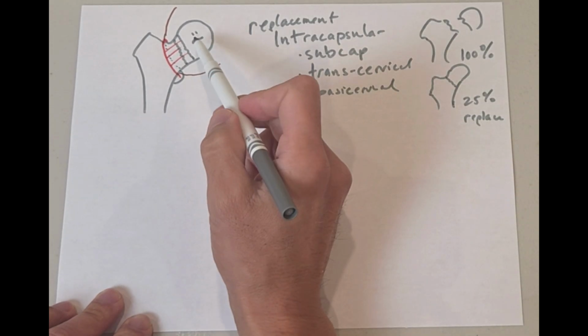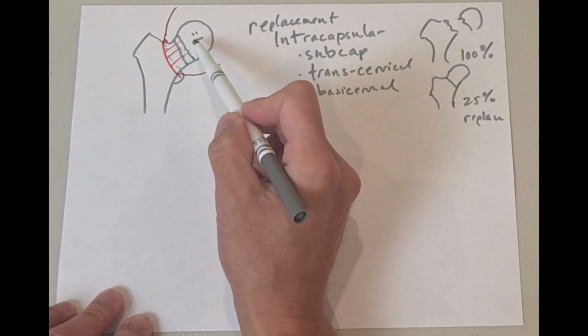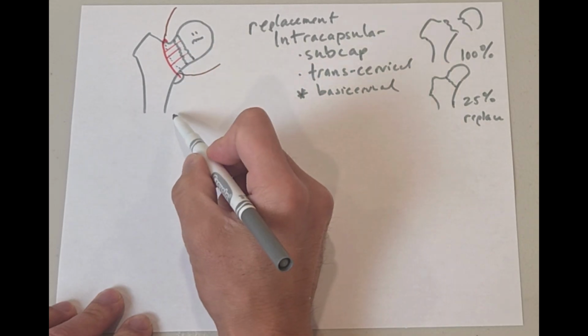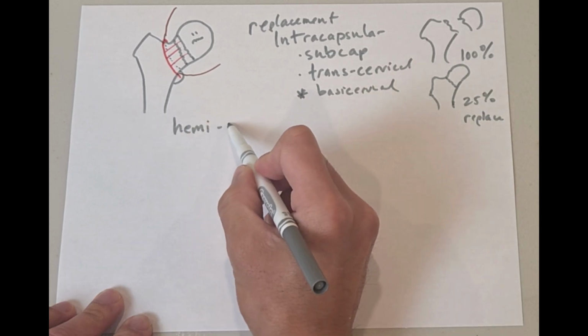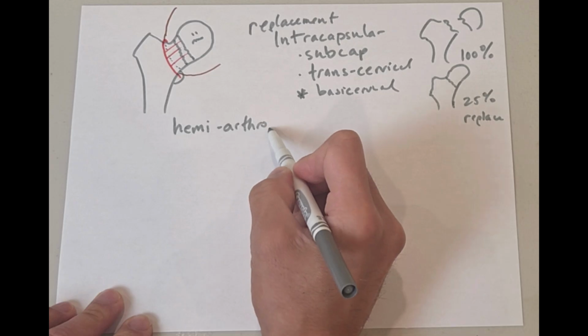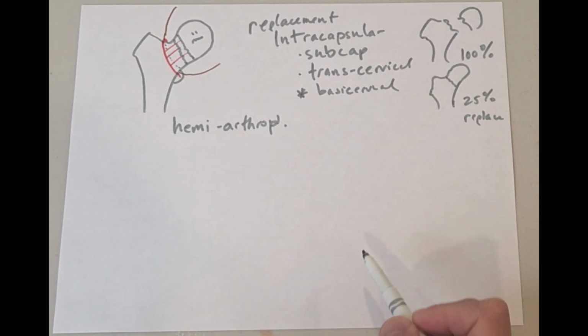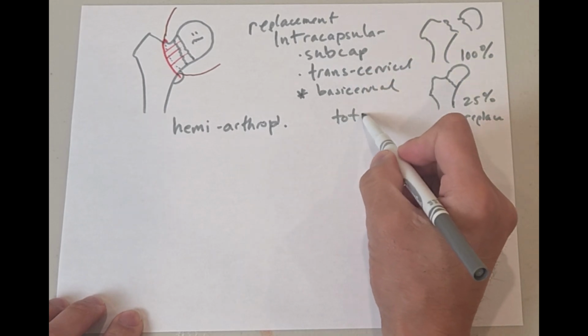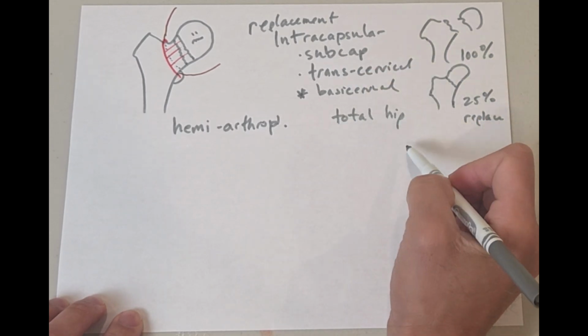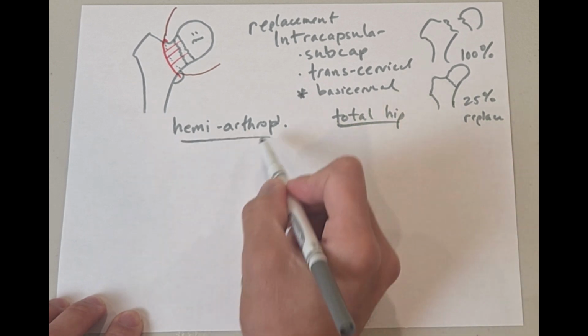We can replace just the ball of the ball and socket, which is called a hemi-arthroplasty, or half a hip replacement, half an arthroplasty. Or we can replace both the ball and the socket, what we call a total hip arthroplasty. So those are our 2 types.